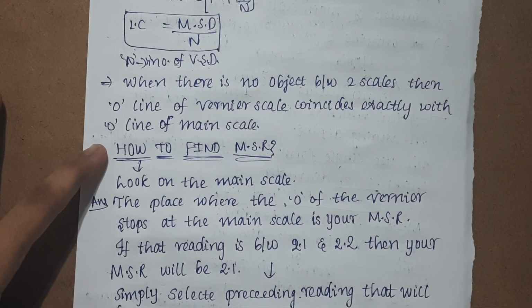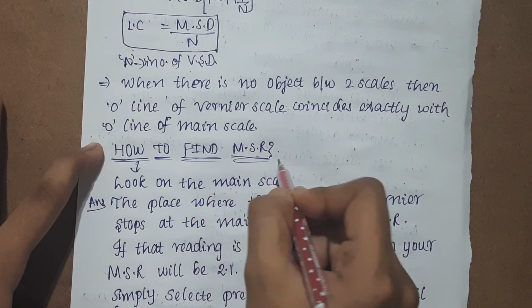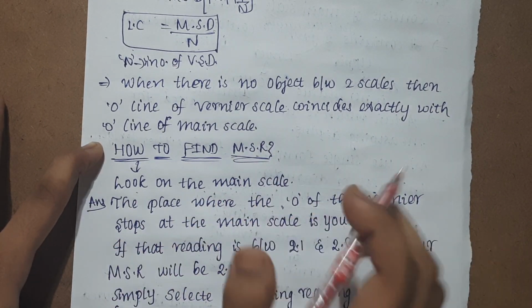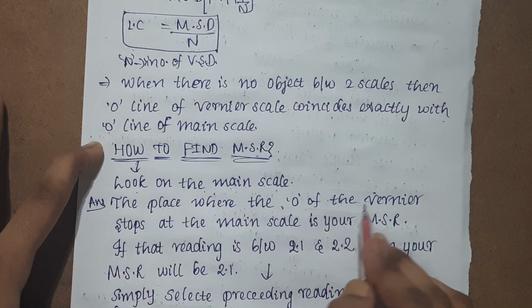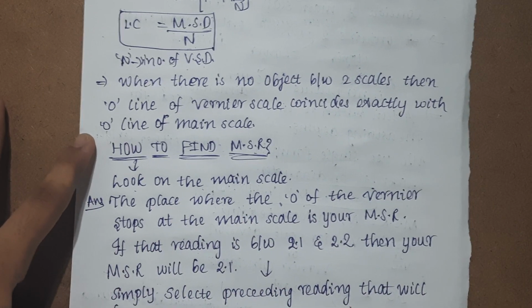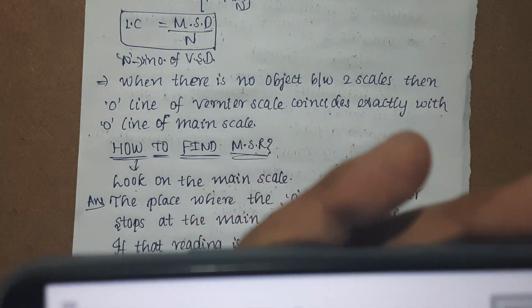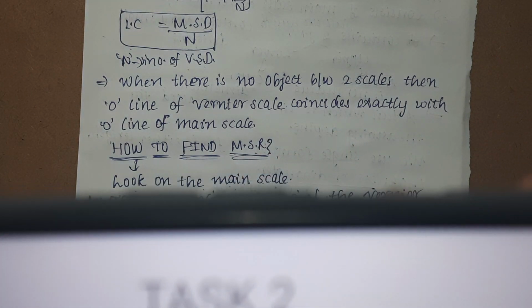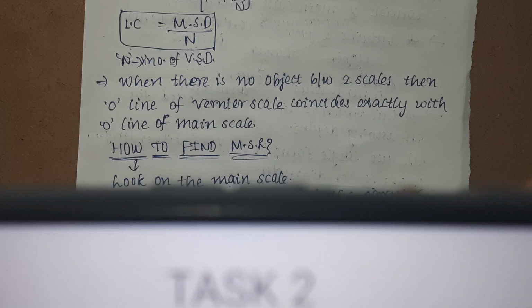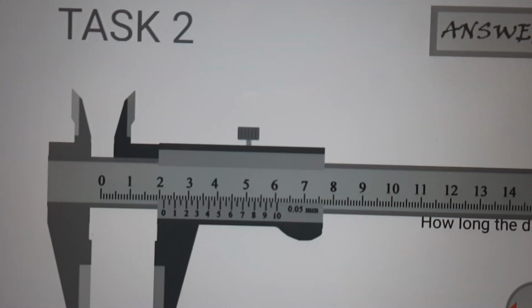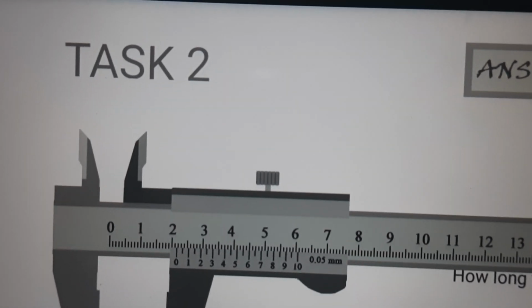To find MSR, main scale reading, we should look on the main scale. The place where the zero of the Vernier stops at the main scale is your main scale reading. That is, if the zero of the Vernier is stopping here at 2, then 2 is your main scale reading.